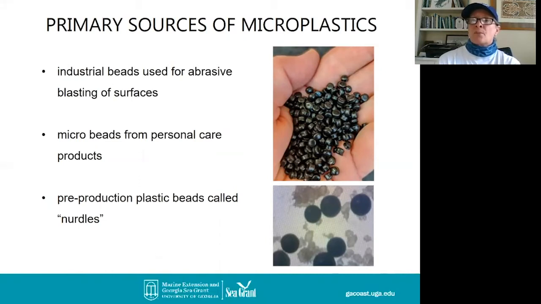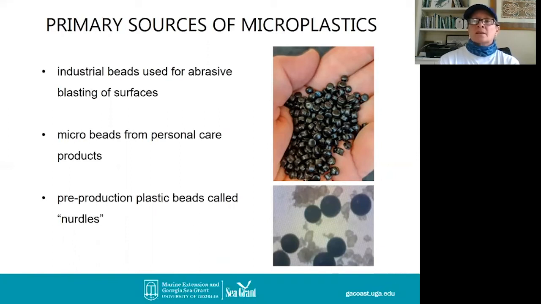Primary sources of microparticles may be from industrial abrasives or beads used for blasting of surfaces, microbeads similar to what you see here from personal care products like exfoliants, toothpaste, and cosmetics, and 3, the pre-production plastic beads or pellets called nurdles. And nurdles are used as a raw material in plastic production. They're easy to melt, and they're used to create everyday plastic items like water bottles, bags, and containers.